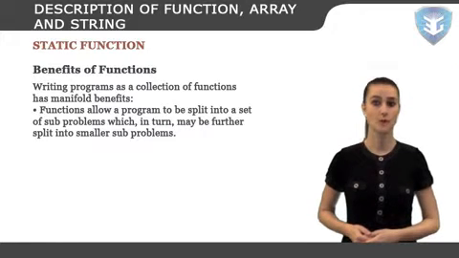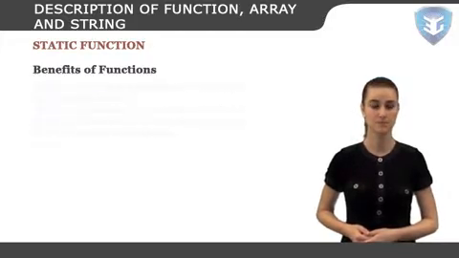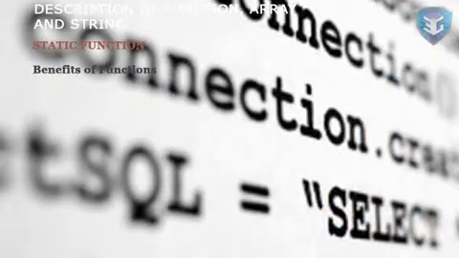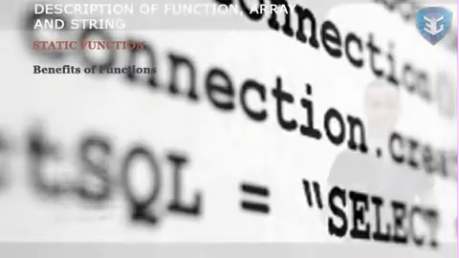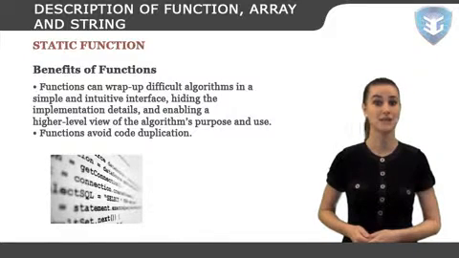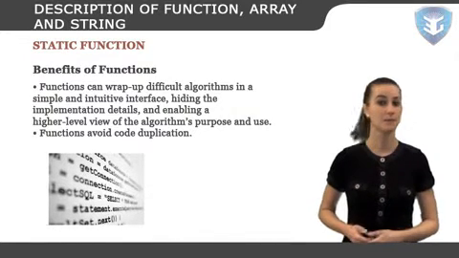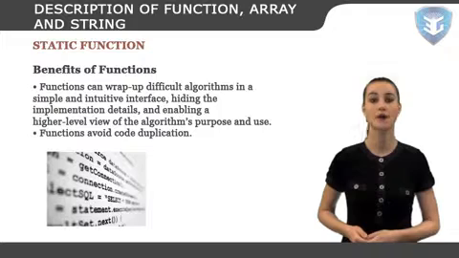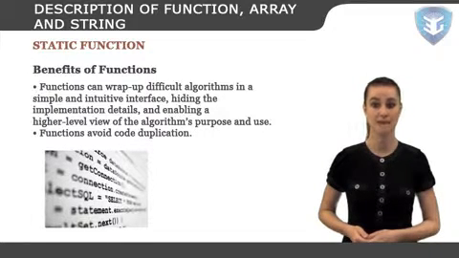Functions allow a program to be split into a set of sub-problems which, in turn, may be further split into smaller sub-problems. This divide and conquer approach means that small parts of the program can be written, tested, and debugged in isolation without interfering with other parts of the program. Functions can wrap up difficult algorithms in a simple and intuitive interface, hiding the implementation details and enabling a higher-level view of the algorithm's purpose and use.